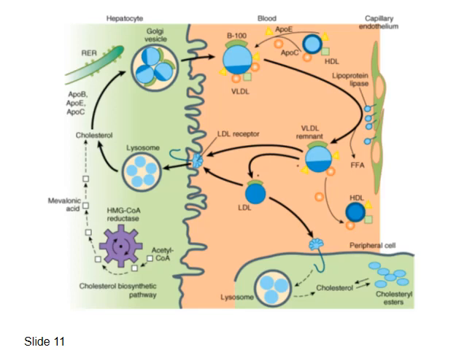It has apoprotein E and apoprotein C, which it has acquired from HDL. It also has a green square. The green square represents apoprotein C.